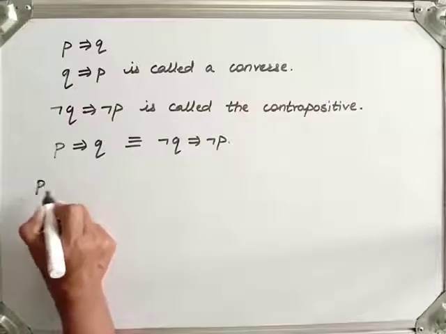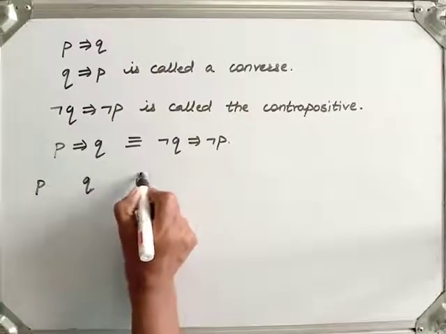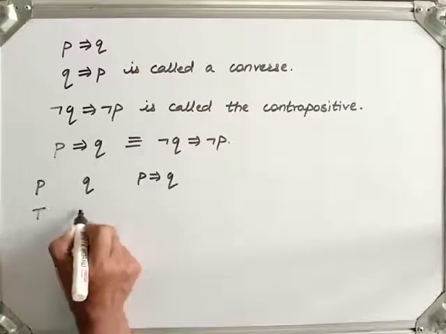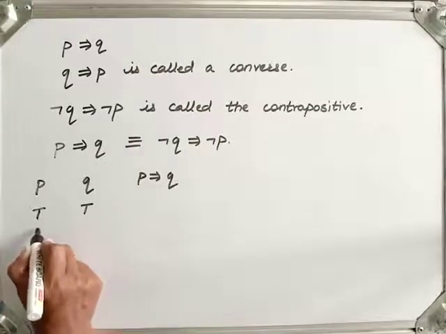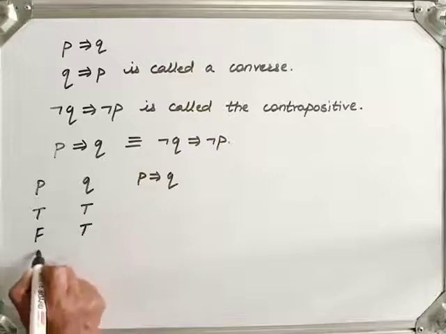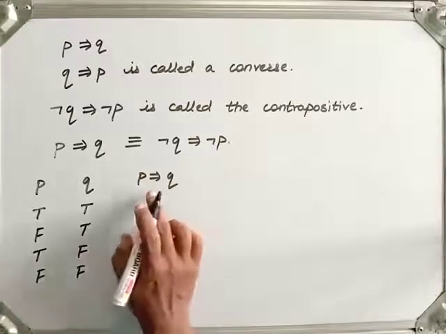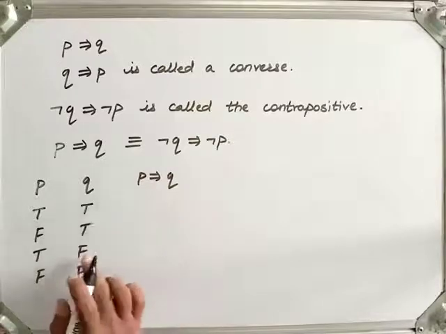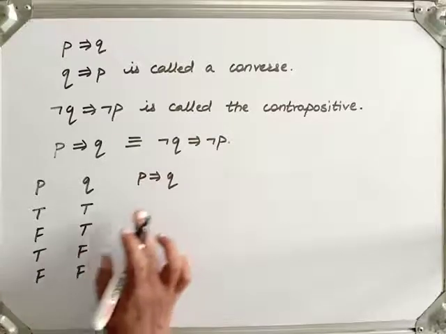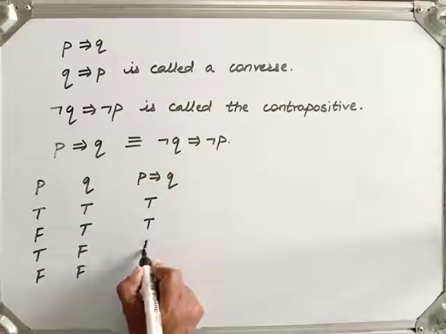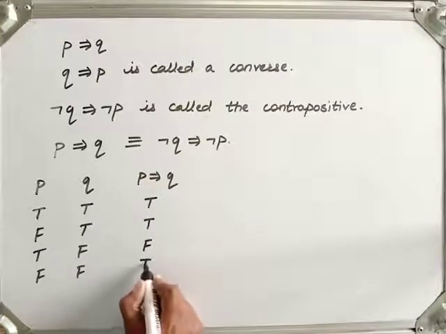Suppose we have P, Q, and I will write P implies Q. Now you know there are four possibilities: true, true; true, false; false, true; and false, false. Now you know P implies Q is false only when P is true and Q is false, otherwise it is true. So here I will write true, this is false, and this is also true.